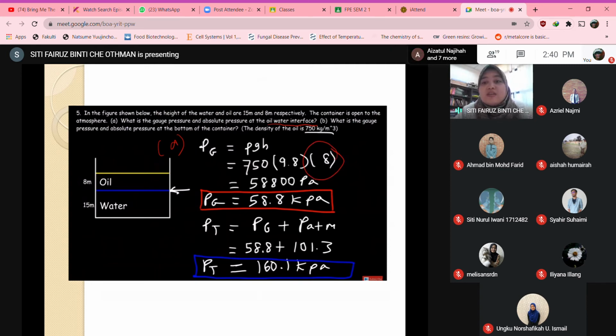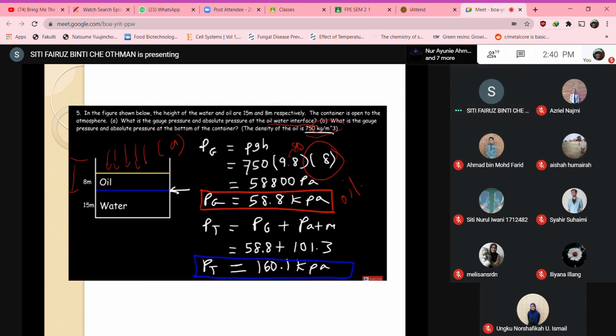So 750 is the density, 9.8 is the gravity, 8 is actually the height of this particular oil. So this one is for oil. Meaning that for oil, the absolute pressure for the oil-water interface, I think it only considers from here until here.